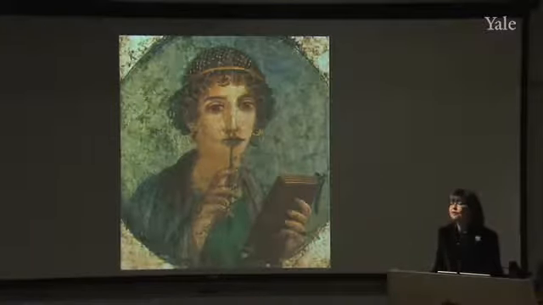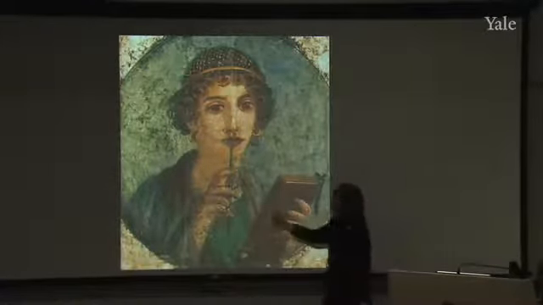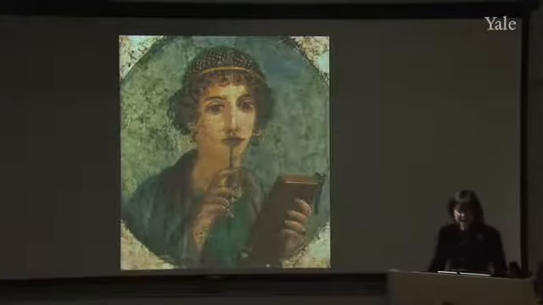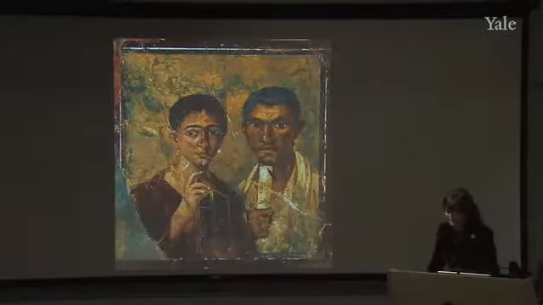It may also be that this was just a set way of representing women in portraiture in Pompeii, because this is not the only portrait we have of a woman with her stylus to her lips and her tablets in her hands.